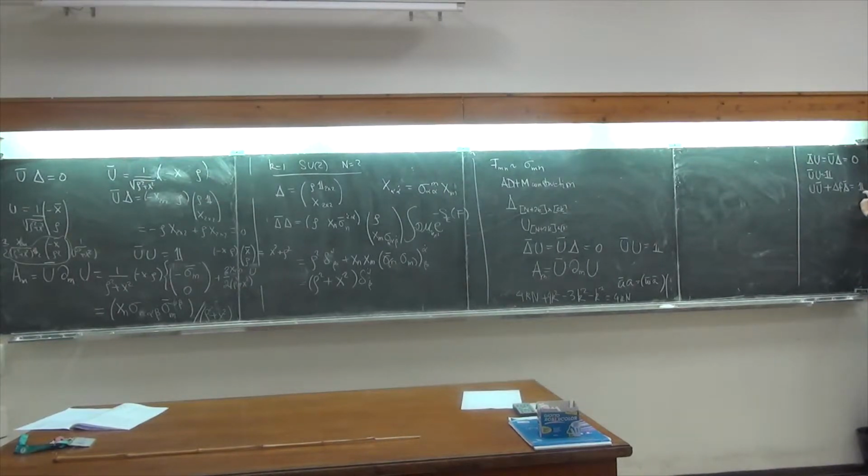This formula is very useful. We will use it a lot because of the identity. In other words, U bar U is the identity, but U U bar is not the identity. This is important. But it's almost identity apart from this.